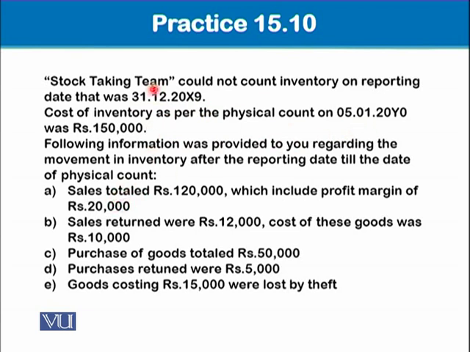During these 5 days, we made sales totaling 120,000 rupees, which include a profit margin of 20,000, so the cost is 100,000. The sales return during these 5 days was 12,000, and the cost of these goods was 10,000.